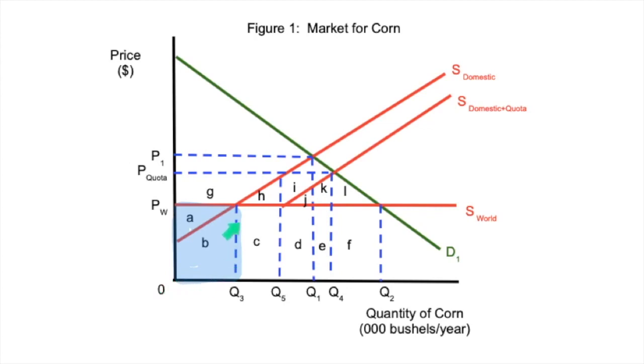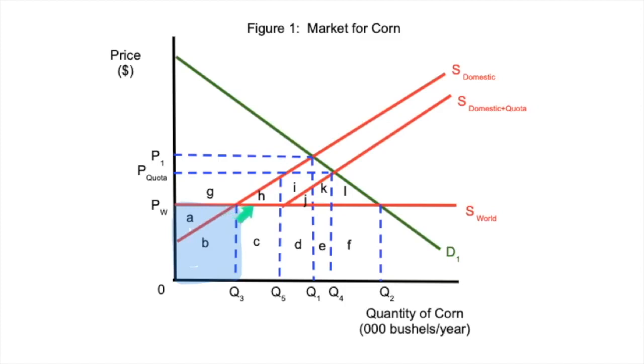And this quantity, because we have this supply curve right here, this quantity of corn up to Q3 is being produced by whom? Well, by German farmers. Okay. Then what happens? Well, then the gates at the borders of Germany open, and they allow foreign corn to come in.